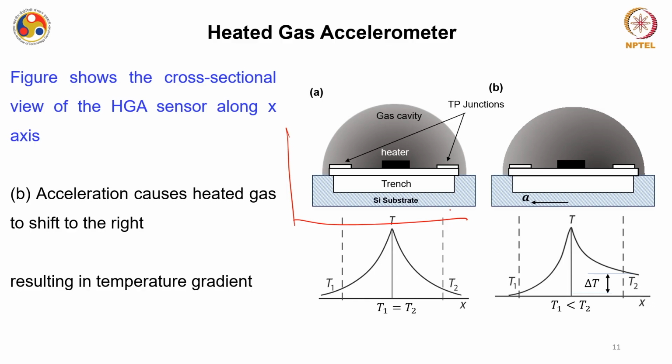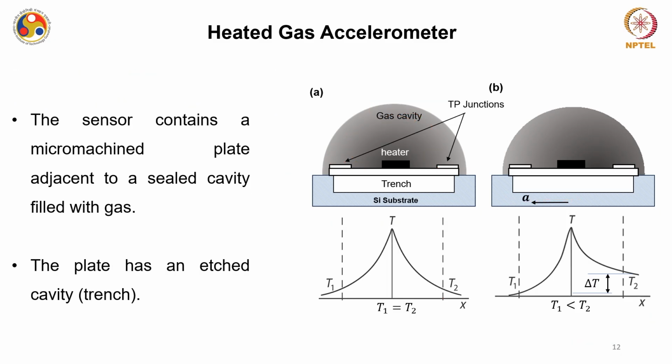Or if you don't talk about the system, at least the proof mass or the inertial mass, which is in the form of this gas, is shifted. Right now I am accelerating it in this direction, meaning the heated gas will shift towards the right. Because of that there will be a temperature gradient. So initially the temperatures at these two edges were equal, now they are not equal.